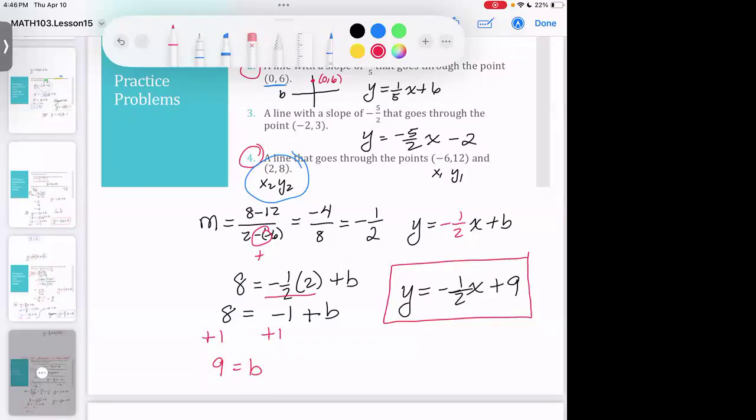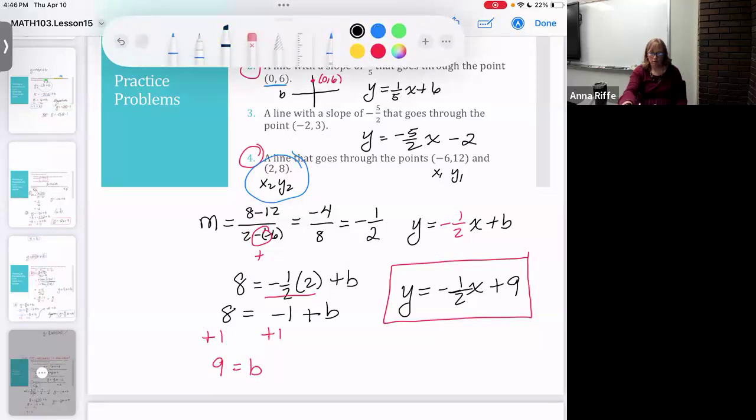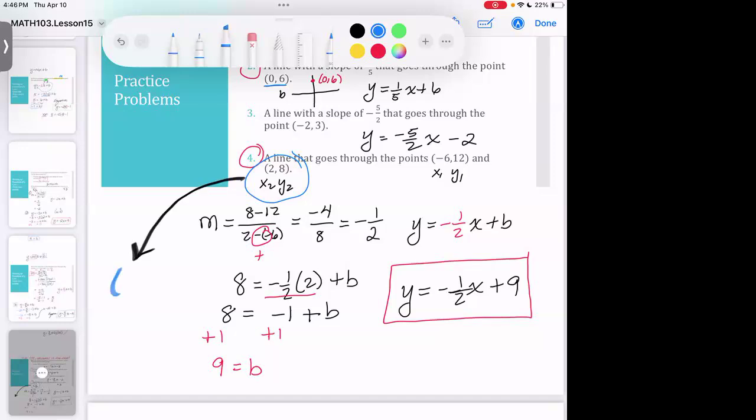Yeah, I don't get where you get y equals 8 on that number 4. I don't understand where that even came from. That one I can pretty quickly clarify. I used this point, 2, 8. Why do you choose that one? I mean, I don't.